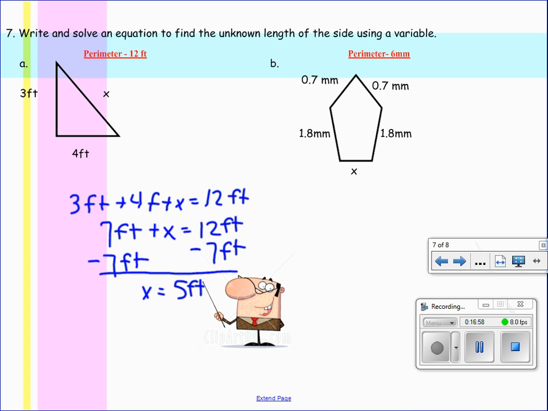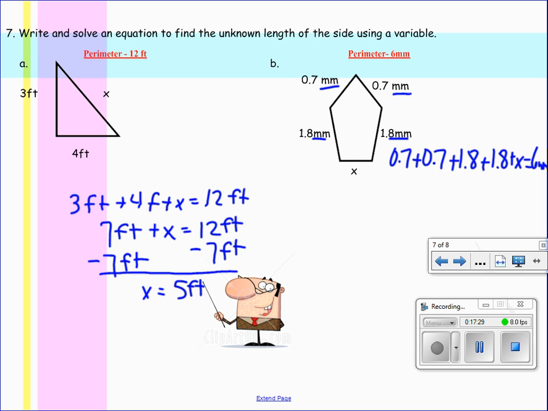In our next problem, solving for the x using the perimeter, 7/10 plus 7/10 plus 1 8/10 plus 1 8/10 plus x is equal to 6 millimeters. Notice that all of my measurements are in millimeters, so I don't have to convert anything.